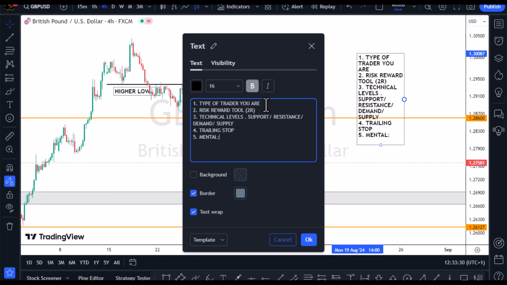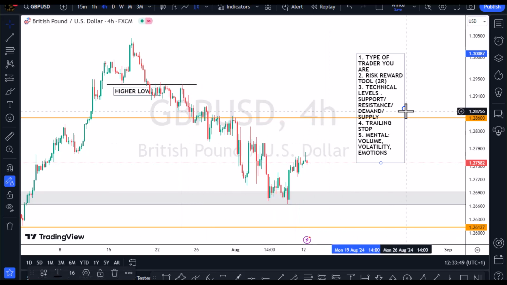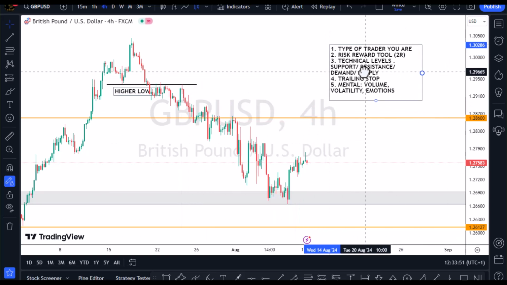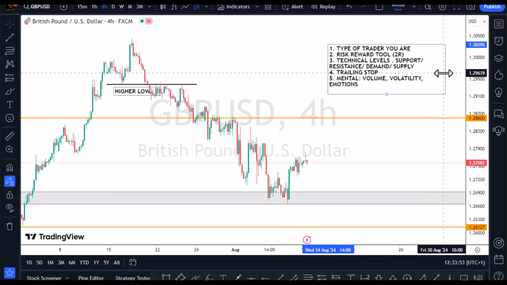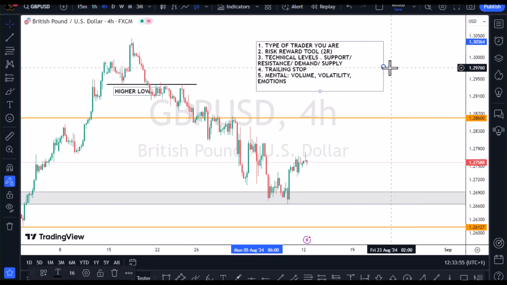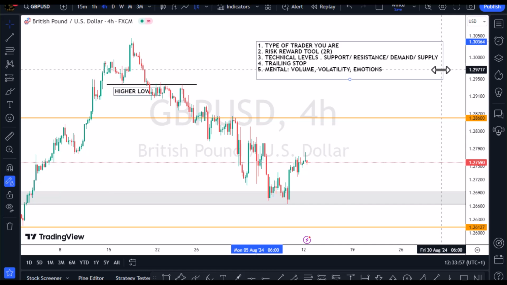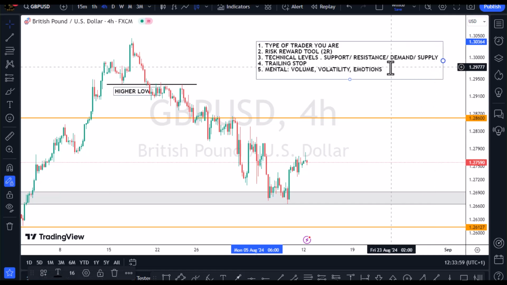Your mental stop loss can be triggered based on volume in the market, volatility in the market, or based on your emotions. Now let's expand this so that you guys can easily grab what we have right here. So this is mental stop loss.